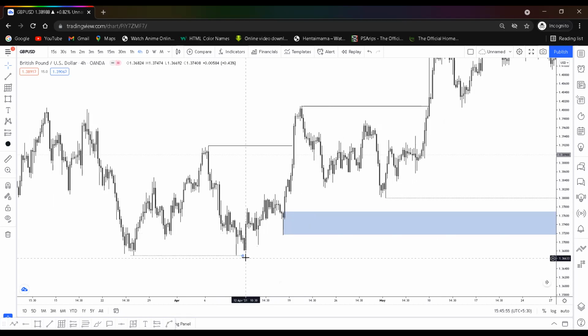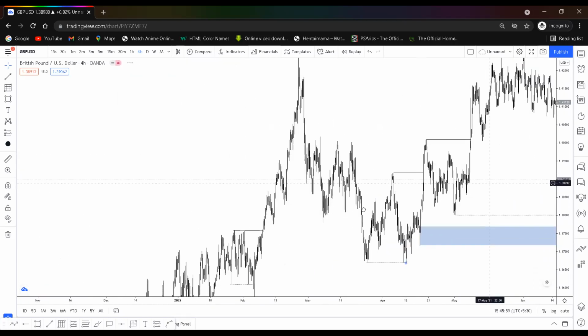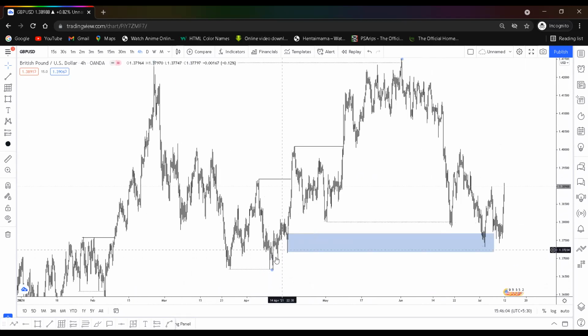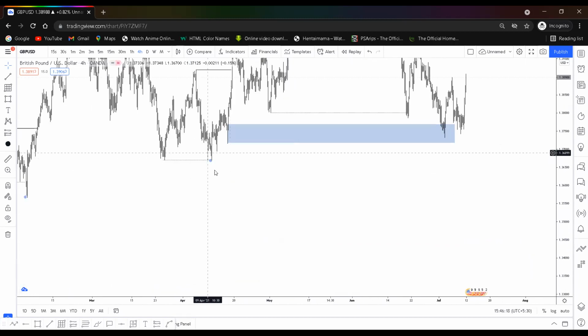They sell it from here, and then price went back higher, right here. So now the sell order they put here is in a negative position, because they sold here and now price is here. So the sell order they put here will be in a very big loss, because for a sell to profit, price has to move downwards.